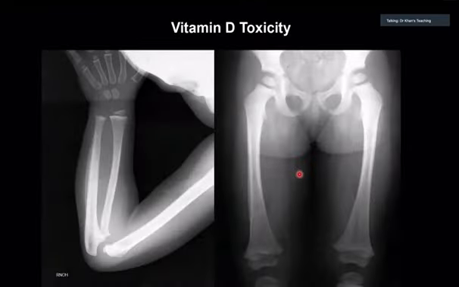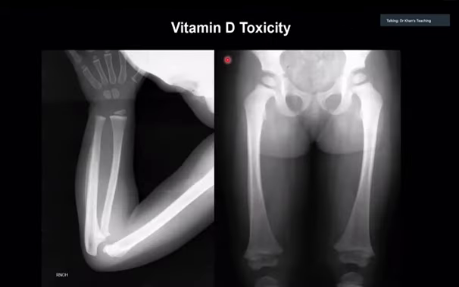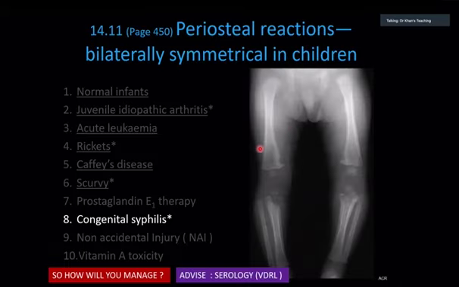And finally, vitamin D toxicity at times can happen with periosteal reaction, never ever before 1 year of age. So the point is that this is a typo. This should be vitamin A toxicity. If you can correct it, it is vitamin A toxicity.